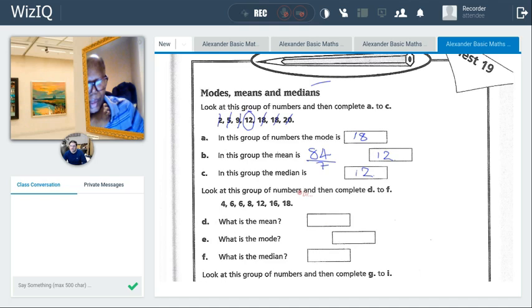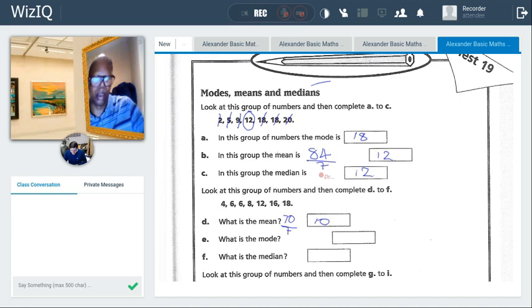Look at this group of numbers and then complete D to F. So 4, 6, 6, 8, 12, 16, 18. What's the mean? We have 4 plus 6 plus 6 plus 8 plus 12 plus 16 plus 18, so the total is 70. 70 divided by 1, 2, 3, 4, 5, 6, 7 should be 10.